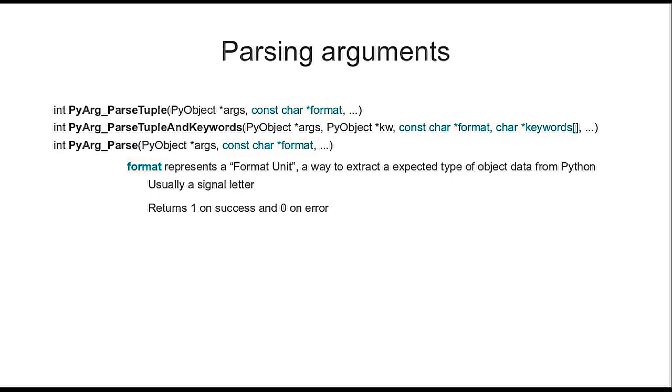This function returns 1 on success and returns 0 on error, so it's very important that you check the return value and handle and set a Python exception appropriately.